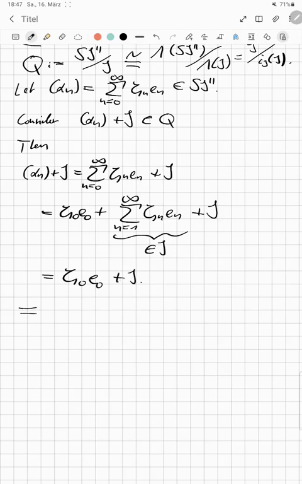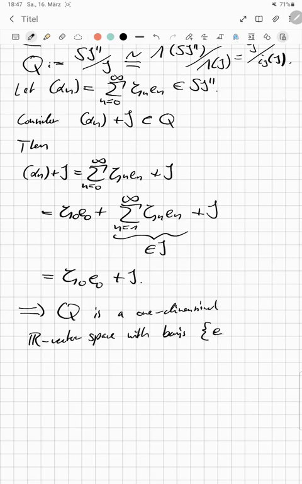And from this it follows that the quotient space Q is a one-dimensional real vector space with basis e0 plus j. And from this follows that j is not reflexive.